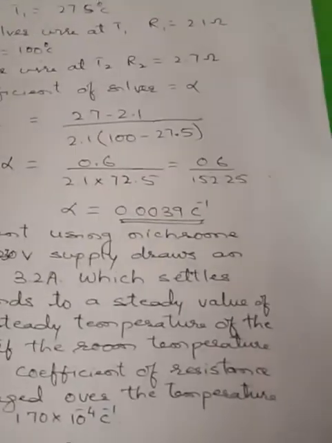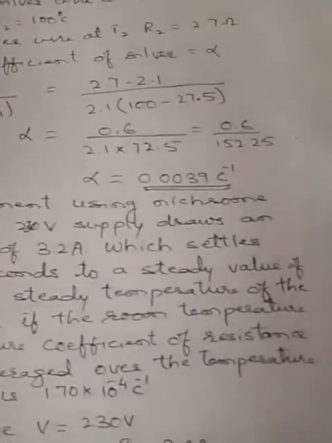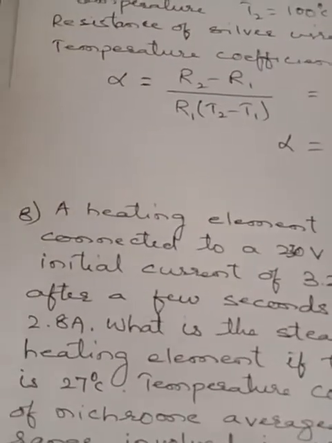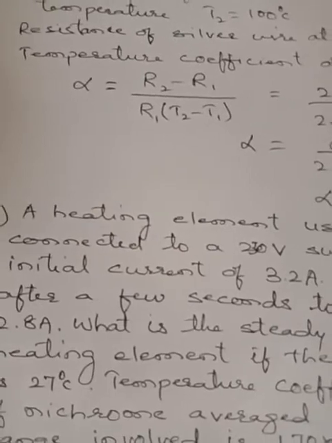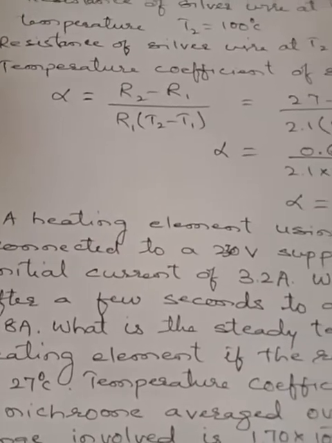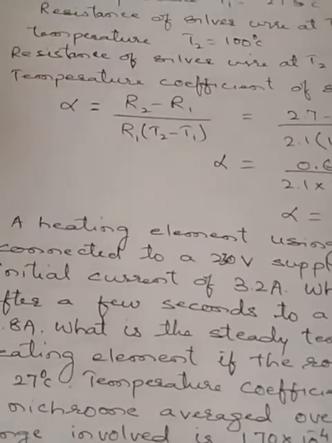What is the steady temperature of the heating element if the room temperature is 27 degrees Celsius? Further he is asking, if the room temperature is 27 degrees Celsius, what is the steady temperature of the heating element?